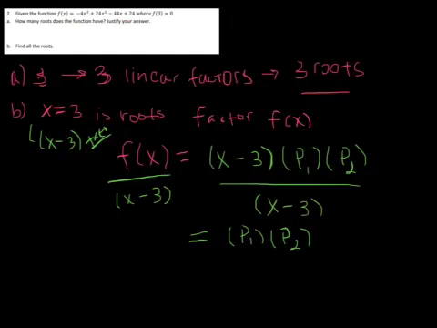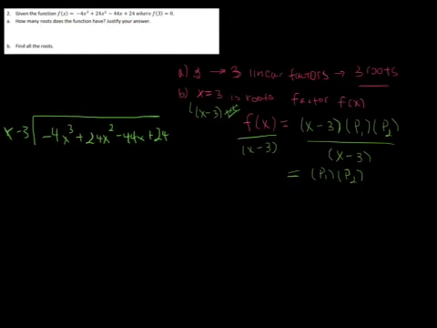And on the left side, I'm going to have the division that will take place between my original function and x minus 3. I'm going to divide out that factor. Now if this is something that you need to review, it might be a good idea to go back and take a look at the lesson that is posted on polynomial division. I'm going to go through this rather quickly.